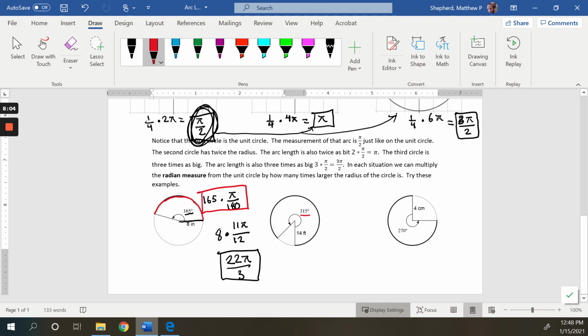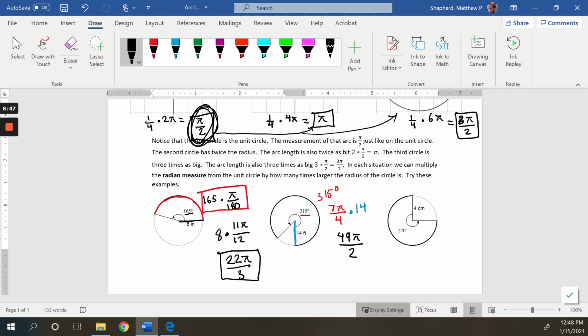So as I come back over here, I know that 315 degrees is the same as 7 pi fourths radians on the unit circle. This circle is 14 times bigger than the unit circle. So we're just going to multiply that radian measure by 14 because this circle is 14 times larger. As we do that, we then get our answer. We simplify it and we get 49 pi halves.